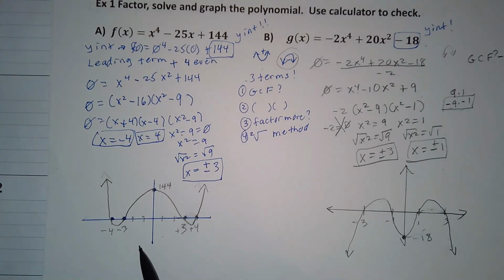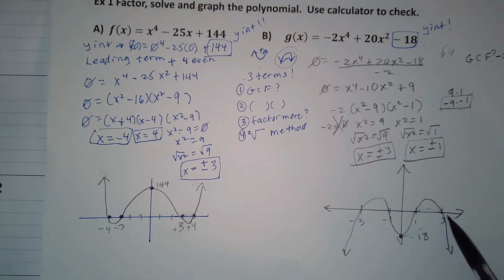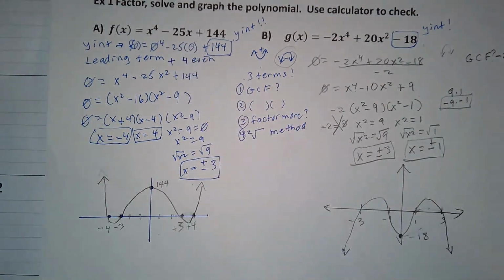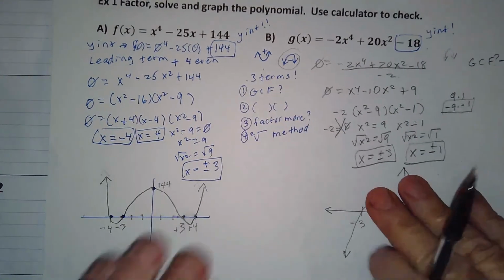So you've got here, when your leading term is positive like this, you end up with something that looks like a W when you have a positive result, and down here it's negative. And this is where the leading terms are even. And this is even and positive. This is even and negative.